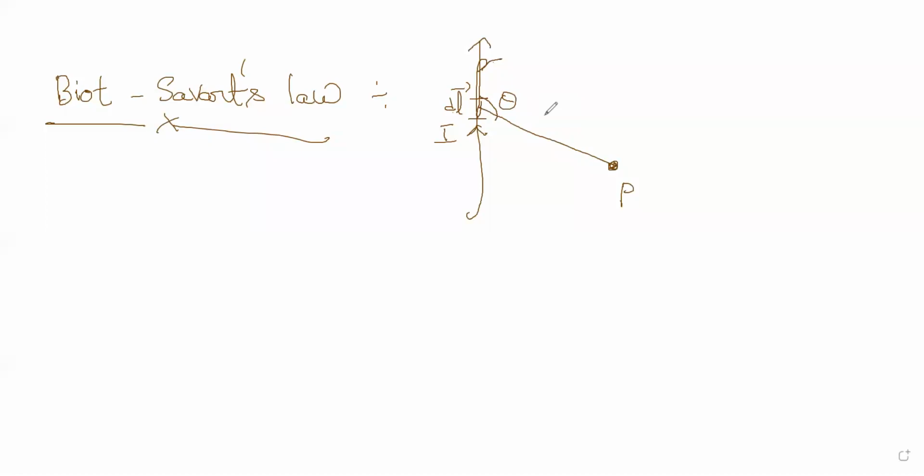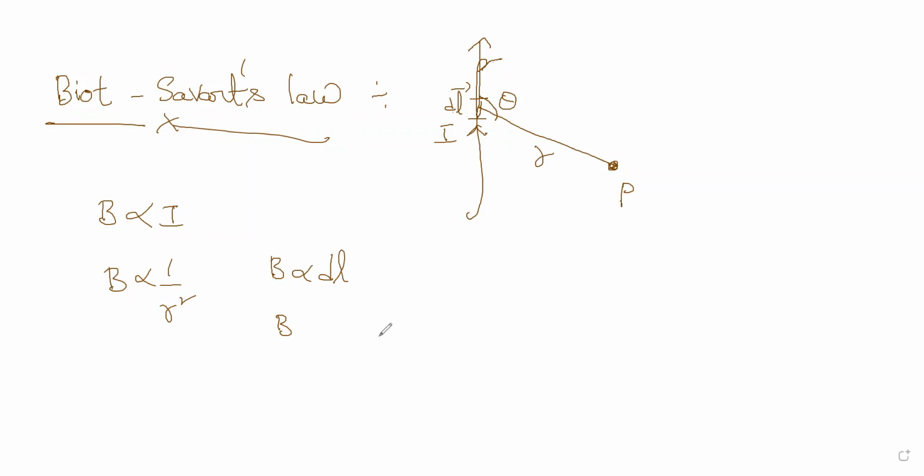Now, what Biot-Savart's law says is that the magnetic field is proportional to the current I. This point P is at a distance of R, and the magnetic field is inversely proportional to R square. The magnetic field is directly proportional to the current element.